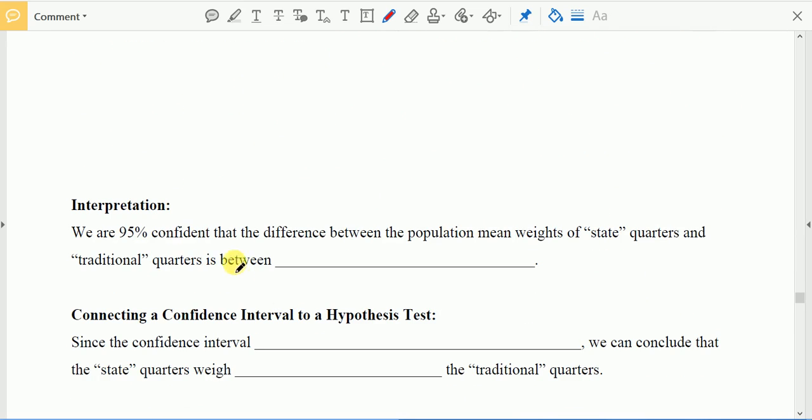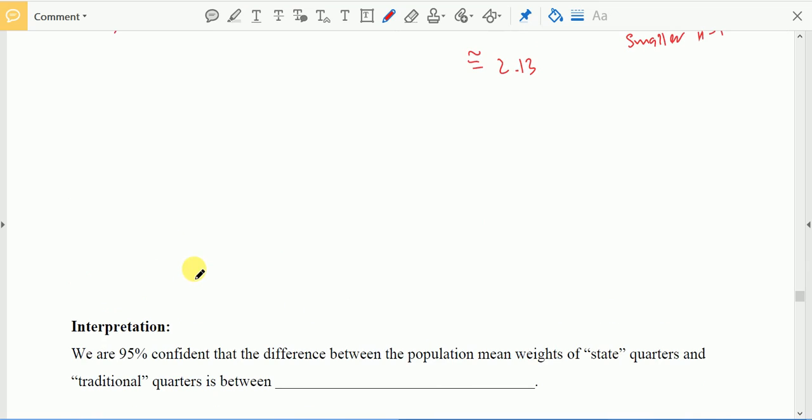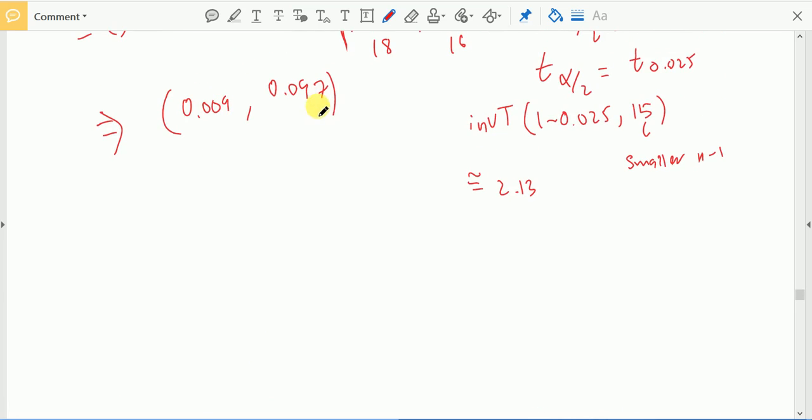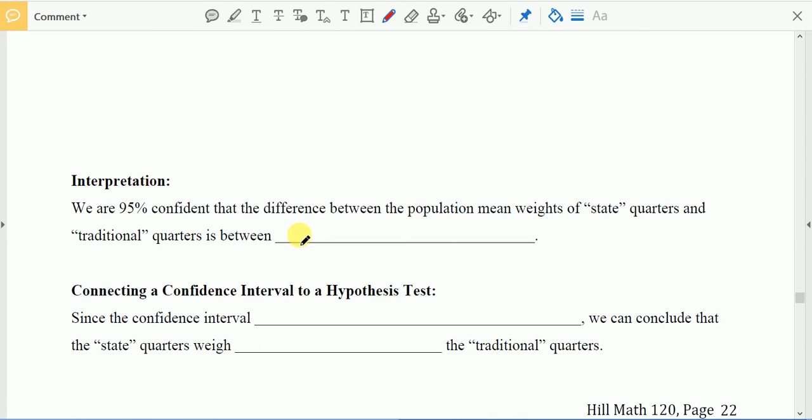Okay, so we are 95% confident that the difference between the state and the traditional quarter is between 0.009 and 0.097.